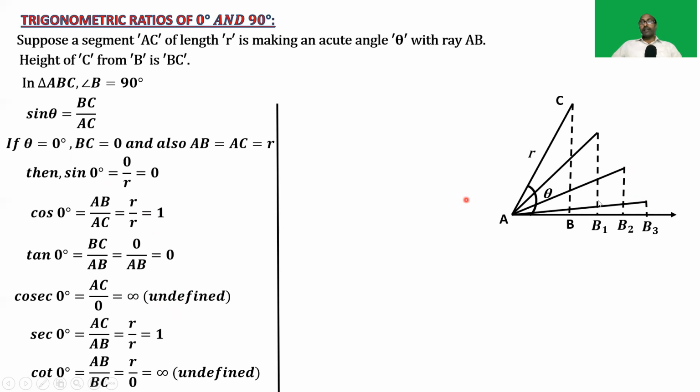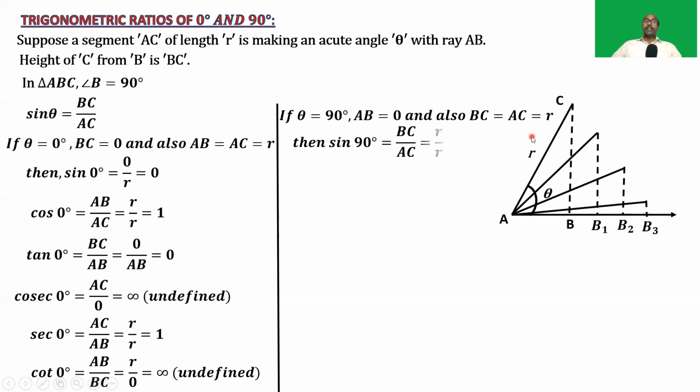If we imagine this scenario in the reverse order, that is, the value of theta is increasing gradually, and if it becomes 90 degrees, then B coincides with A. Then AB is equal to 0, and BC is equal to AC, and both are equal to R.